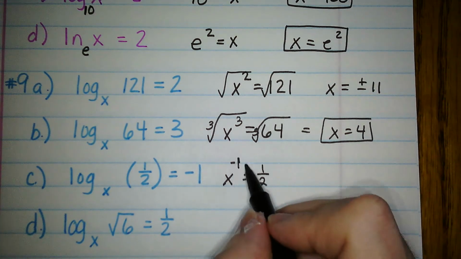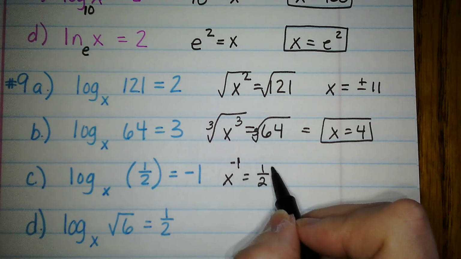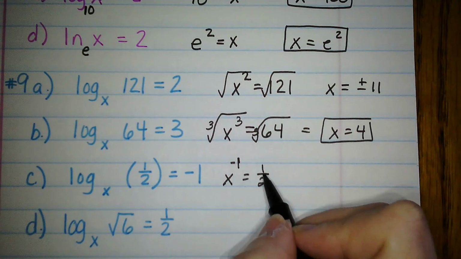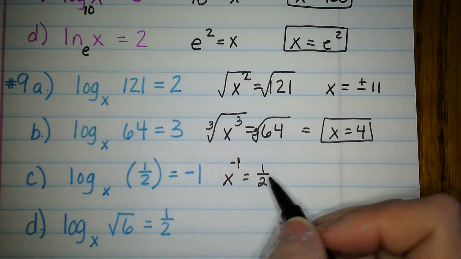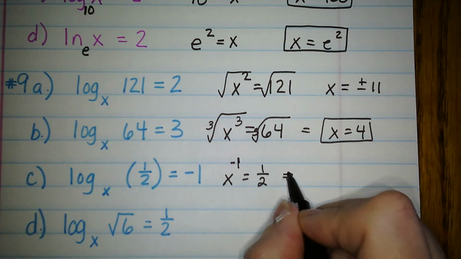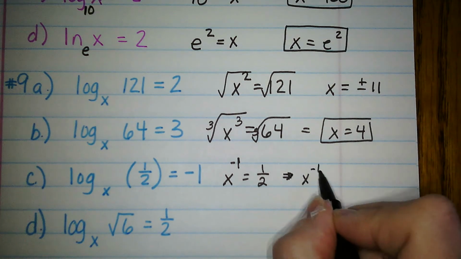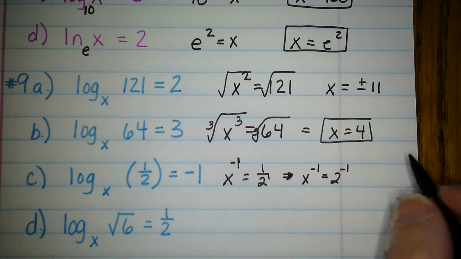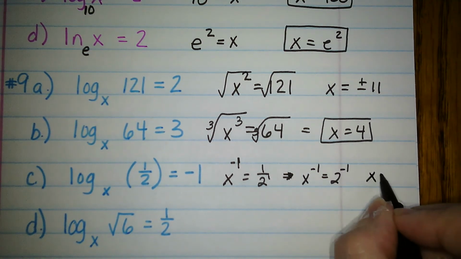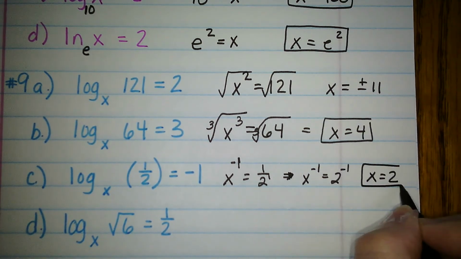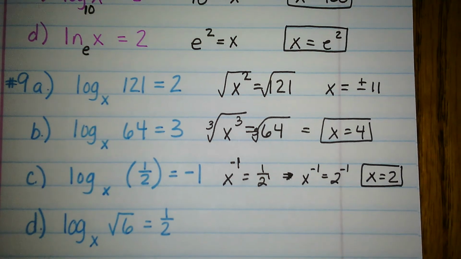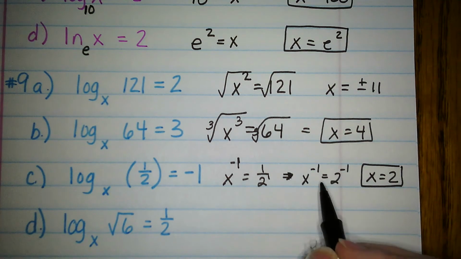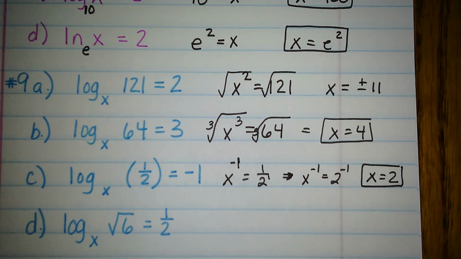So a negative indicates that we are going to have something downstairs. Well, what's downstairs? That would be 2. So if we rewrote this as x to the negative 1 equals 2 to the negative 1, we would know x is 2. Okay, so it's just another way of seeing it, that these are the same, so these bases have to be the same.